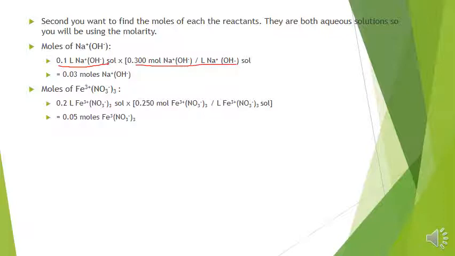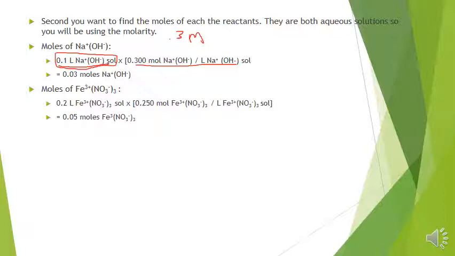Okay, all right. So what we're going to do is a dimensional analysis. So we have the liters of sodium hydroxide solution, and this is the molarity. Molarity is written as 0.3 M NaOH.